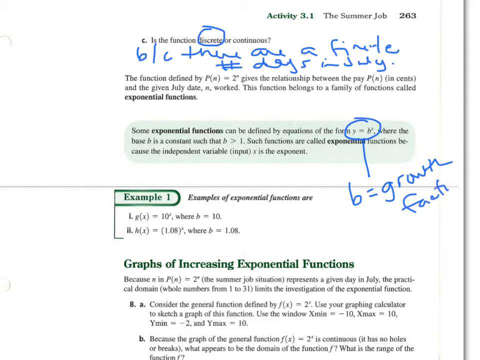And we can see what happens if b becomes less than 1. It doesn't start growing, it starts decreasing, it starts really depreciating. With things like cars, a lot of times they depreciate really fast at the beginning and then it slows down. So that's still an exponential function, but it's not growing, it's decreasing.